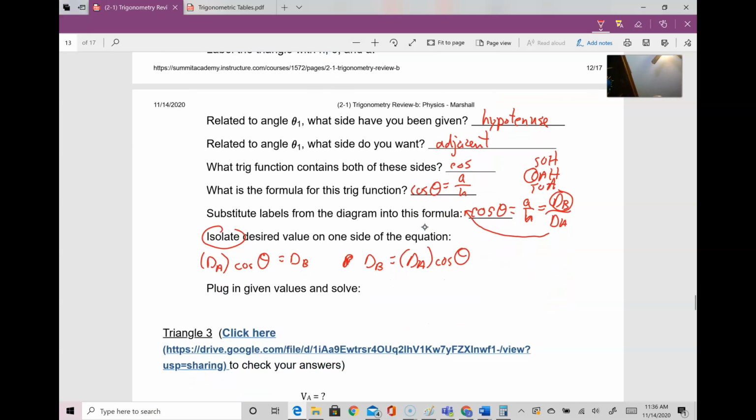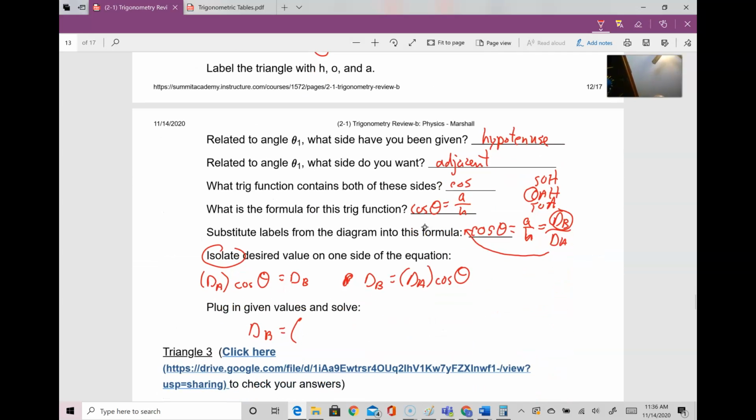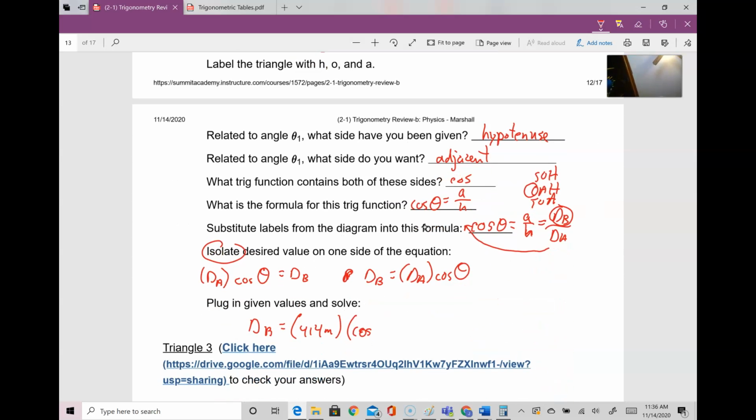And now I'm just going to plug my values in and solve. dB equals, and dA was 414 meters, times the cosine of, we said 32 degrees.